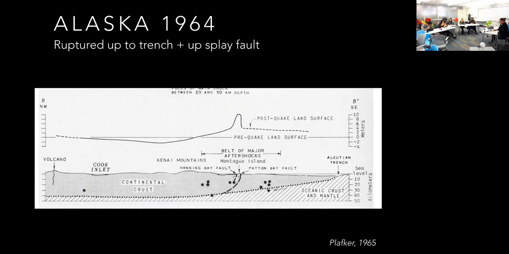So Plafker drew this awesome cross section across the whole earthquake rupture zone, basically. So here's the trench out here, the Aleutian Trench. The volcanoes. We have this low-lying zone where Cook Inlet is in here, which corresponds roughly to the area where you had subsidence in the 1964 earthquake.